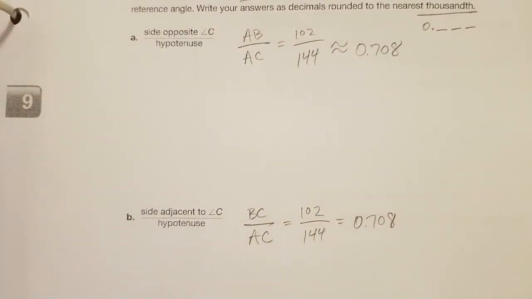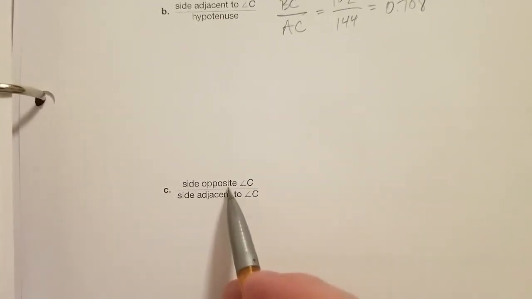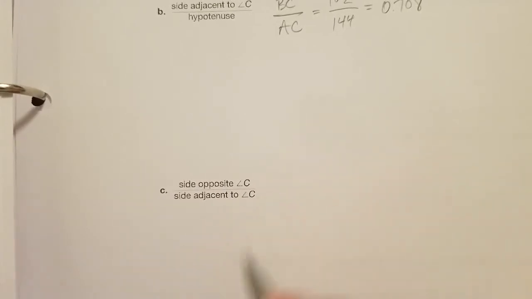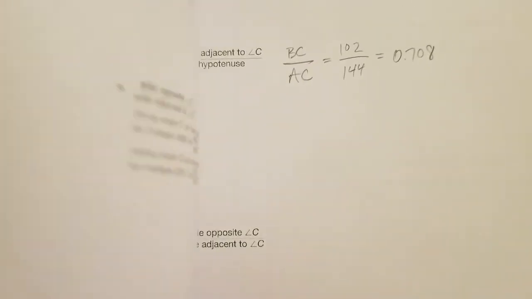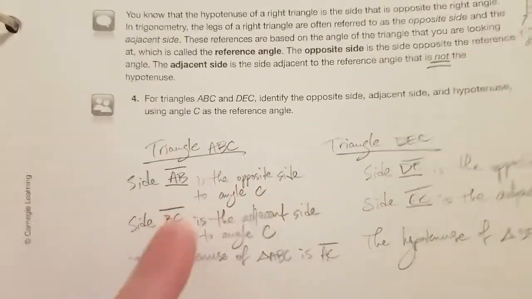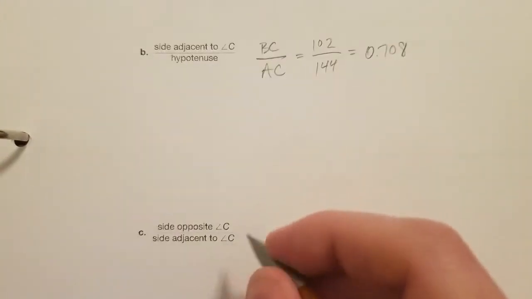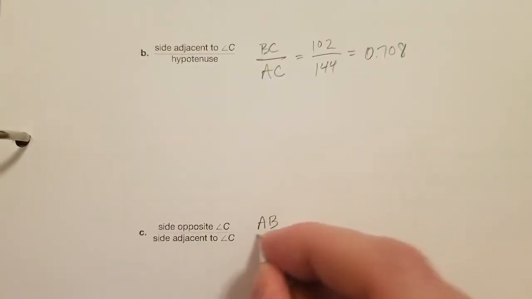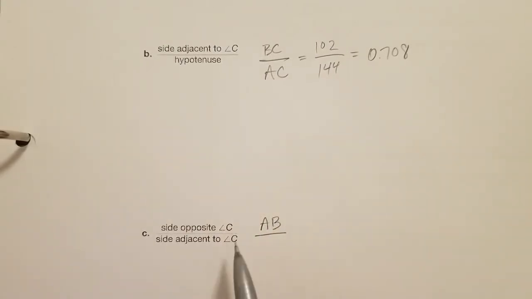Okay, so far so good. Now let's look at part C. We want the side opposite of angle C divided by the side adjacent to angle C. So the side opposite of angle C, let's look down here, is AB. So let's get AB. And we want to divide that by the side adjacent.